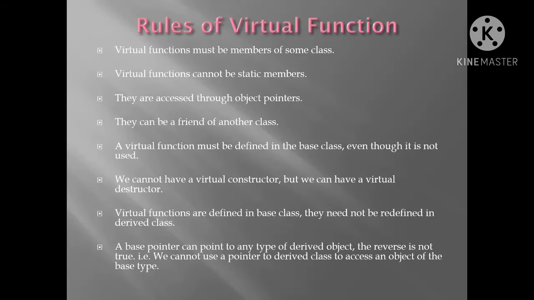To get the answer of both the classes, that means the base class as well as the derived class. If you do not make the function virtual, you are not able to get the answer of the derived class. As I explained earlier, if you are not going to use the virtual keyword, you are not going to get the answer from the derived class. So you will get the answer from only the base class.